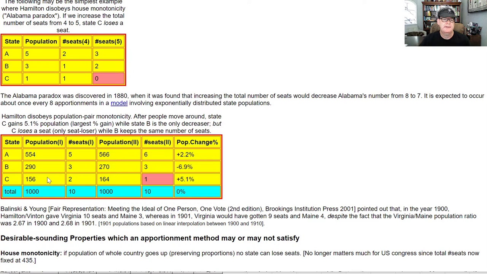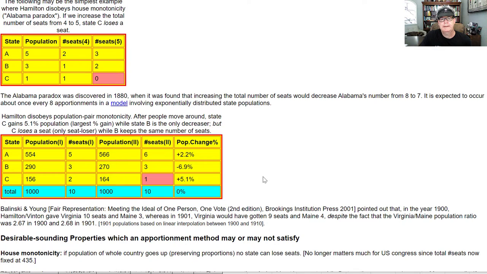So state C gained the most percentage-wise, and it gained 8. State A gained a smaller percentage, and state B lost a significant percentage, but state B didn't lose a seat, state C lost a seat. So that would be the population paradox, that it doesn't necessarily correspond with the population changes like that.